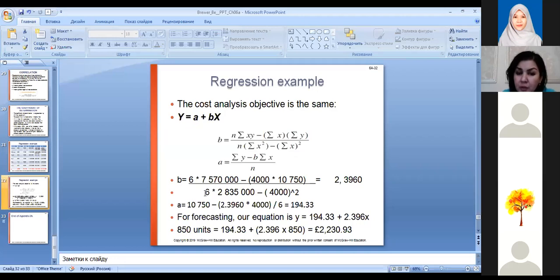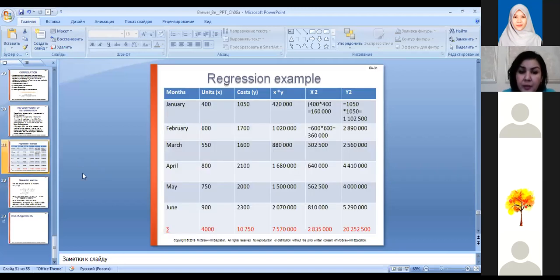Now let's look at the denominator. And again, 6 months, 6 periods. We should multiply by sum of x squared. What is the total sum of x squared? Let's look at this column. X squared, and total sum is 2,835,000.